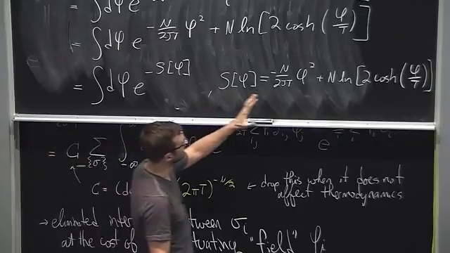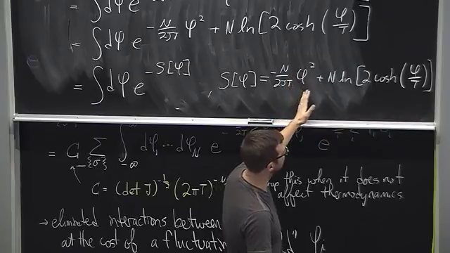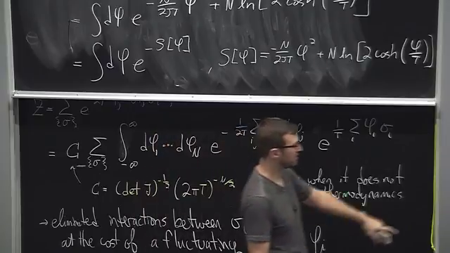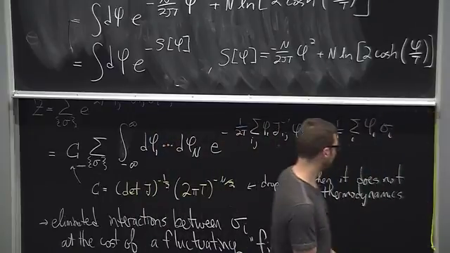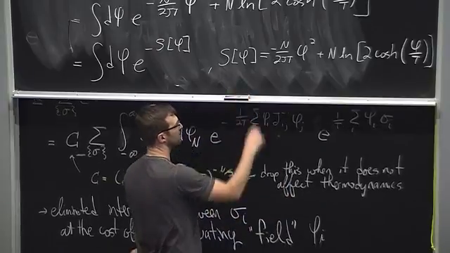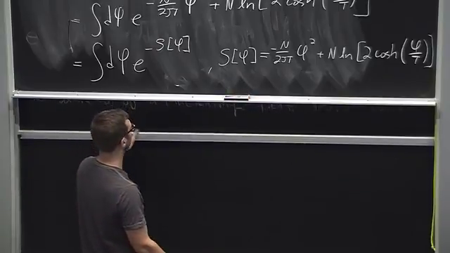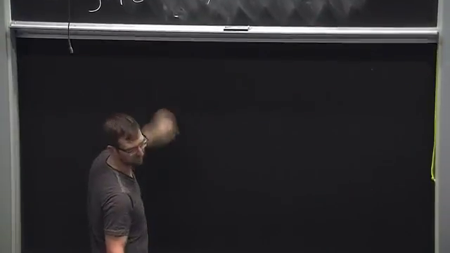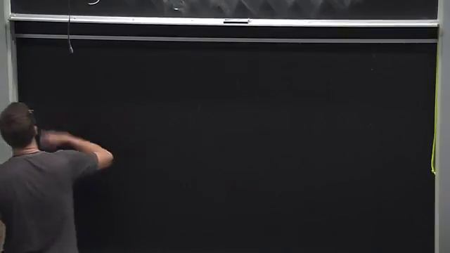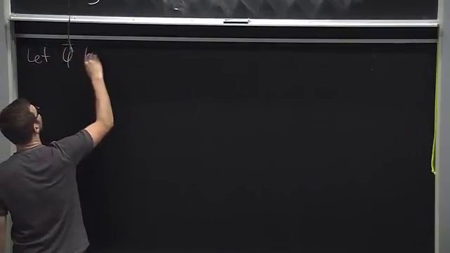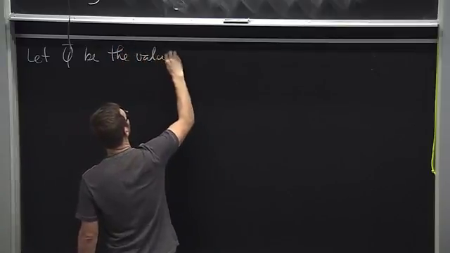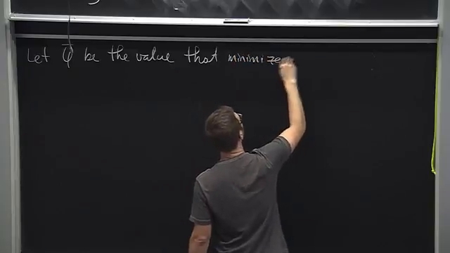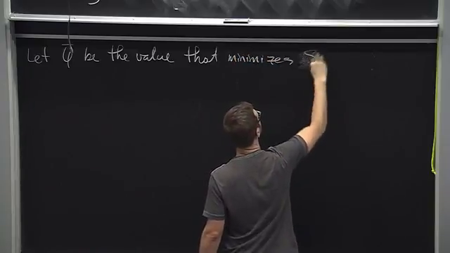We've seen something like this many times, phi squared and phi. The value of this field that minimizes that action is just obtained by taking the derivative. So you can see how the mean field equations are basically going to come out here. It minimizes the action S.